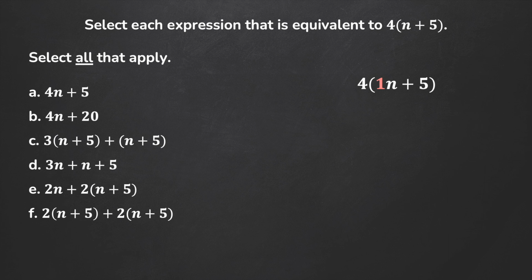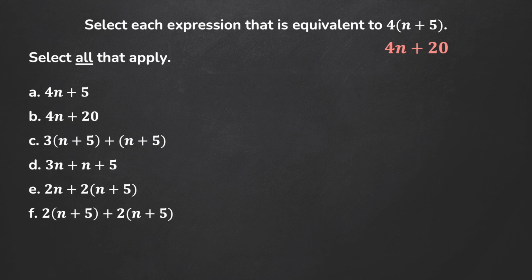So we're just going to write that there to make it easier to distribute. Let's start off by distributing the 4. 4 times 1n is equal to 4n, and then plus 4 times 5 is equal to 20. So we're given 4n plus 20, and we're going to see everything that's equal to that.